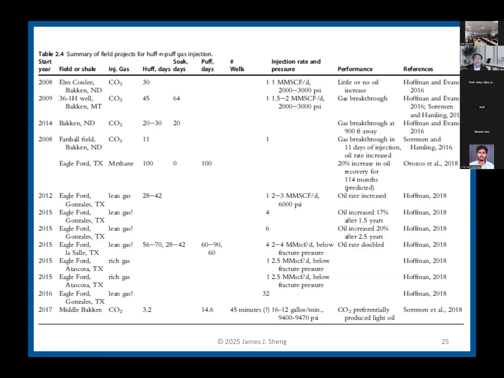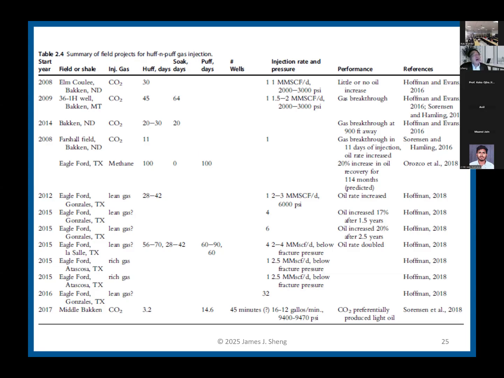Second, it looks like some projects had a gas breakthrough problem. Then you may ask why, since earlier I mentioned that for Huff-n-Puff, we do not have a gas breakthrough problem, right? But why in the field do you now have a gas breakthrough problem? This is because in the field, although you use Huff-n-Puff, you only use one well to do Huff-n-Puff, but the neighbor wells are still producing, still in primary depletion.